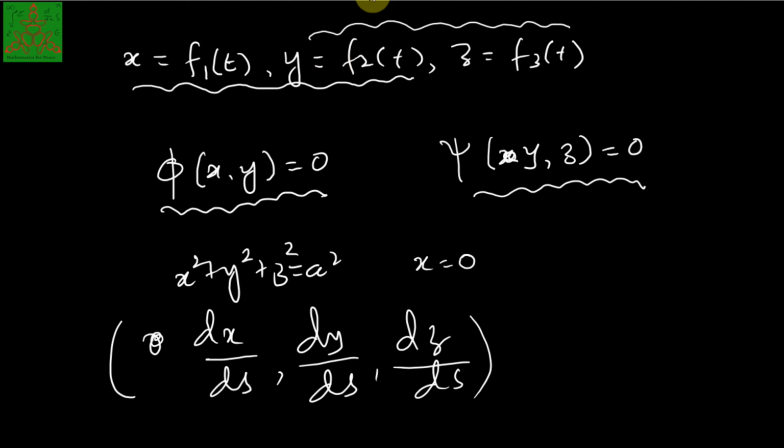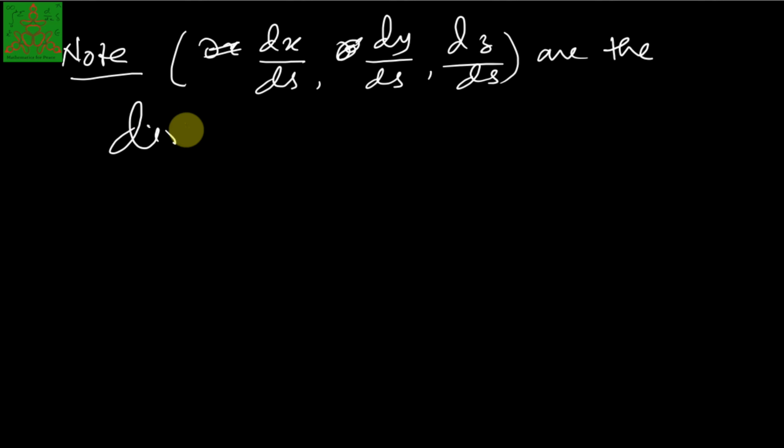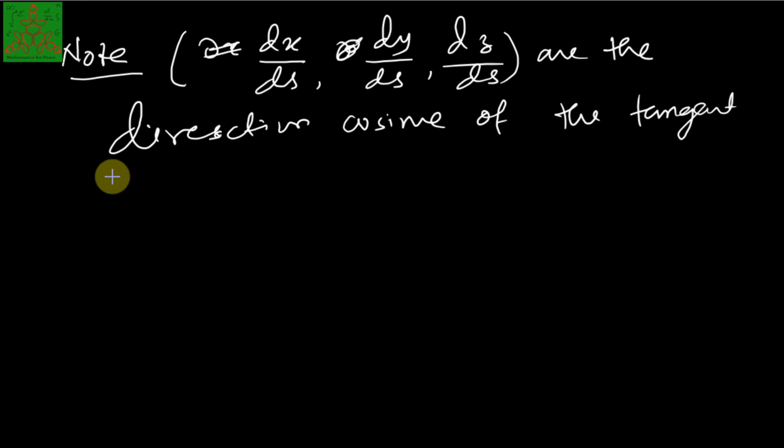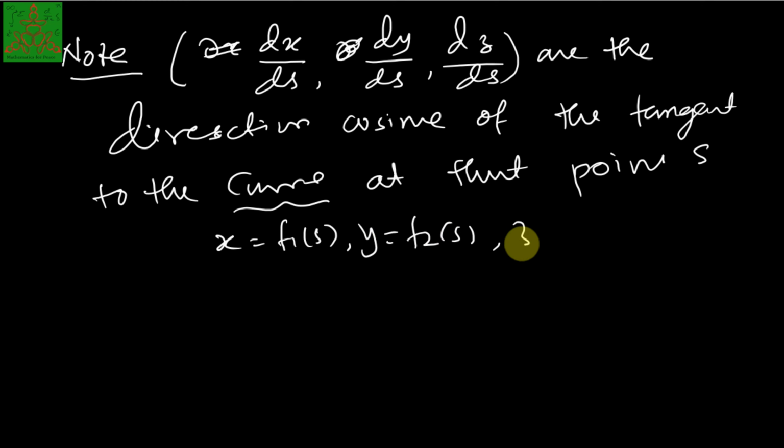So let me write this as a note here: dx by ds, dy by ds, and dz by ds are the direction cosines of the tangent to the curve at that point. Here the curve means x is equal to f1 of s, y is equal to f2 of s, and z is equal to f3 of s.